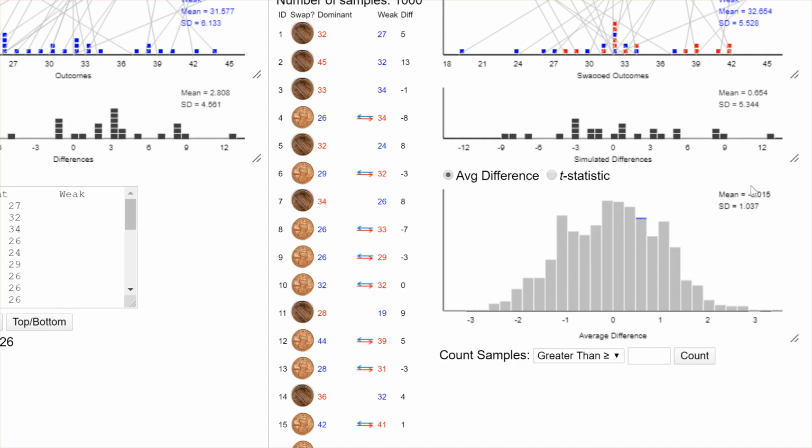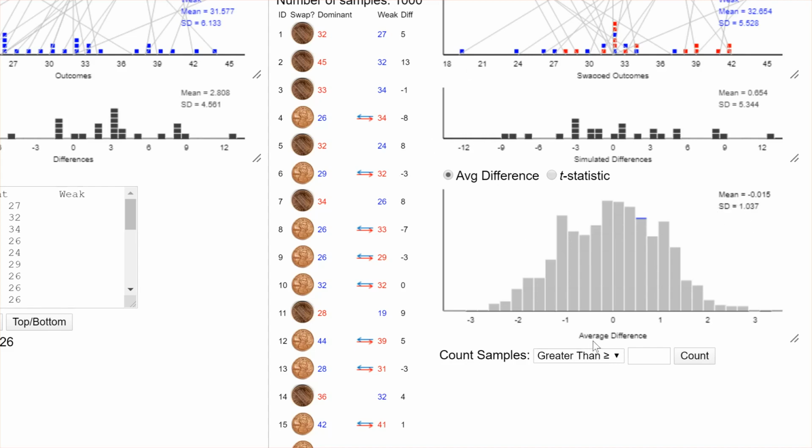So we think the long run mean difference is 0, and therefore the center of this null distribution should be really, really close to 0. And it is. Perfect. The standard deviation right here is also really important. I'll show you what it is soon.